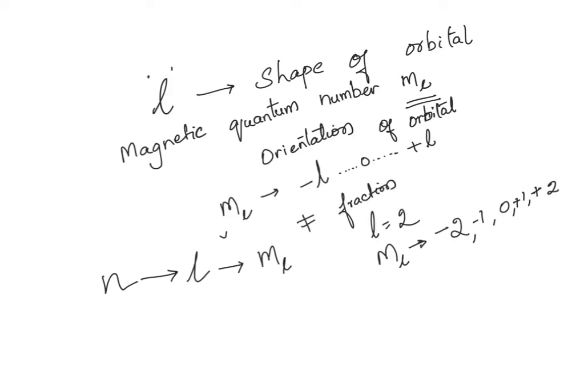And then if you go for another example, say if the L value is 1, then m sub L has negative 1, 0, positive 1.